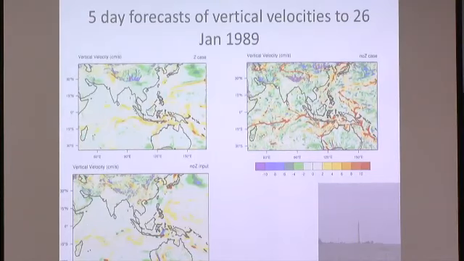Perhaps I should say something about verification, because vertical velocity is obviously not observed, but it is somehow diagnosed. In our analysis scheme, to get 0 at t equals 0, you get vertical velocities by solving the omega equation on some smooth surfaces.